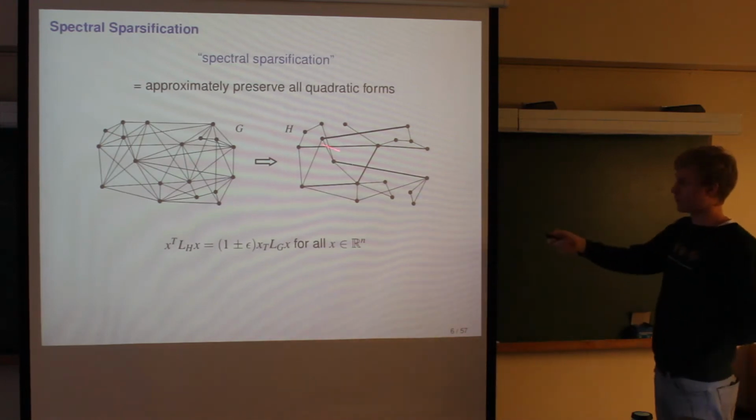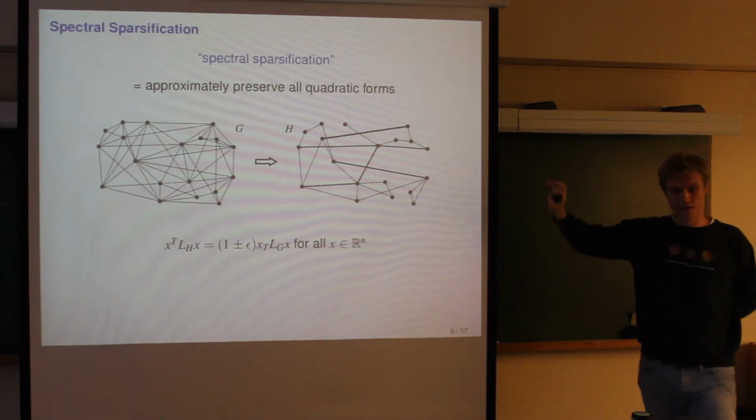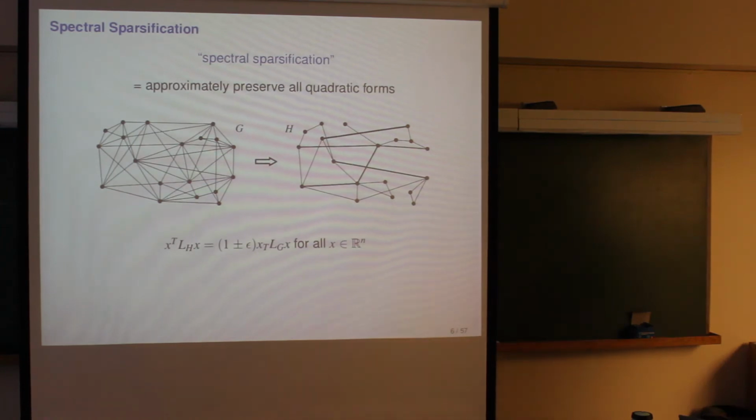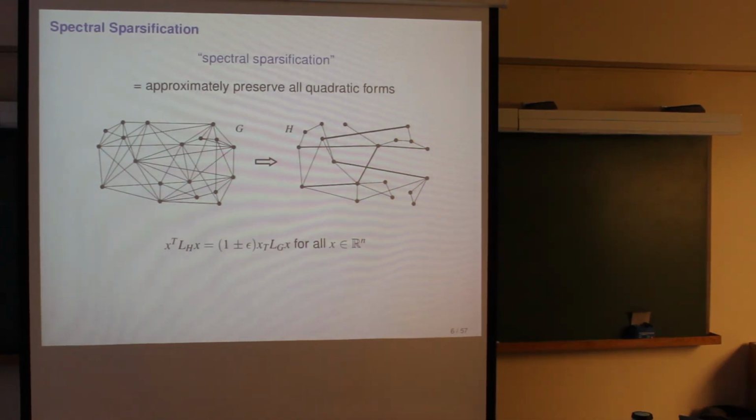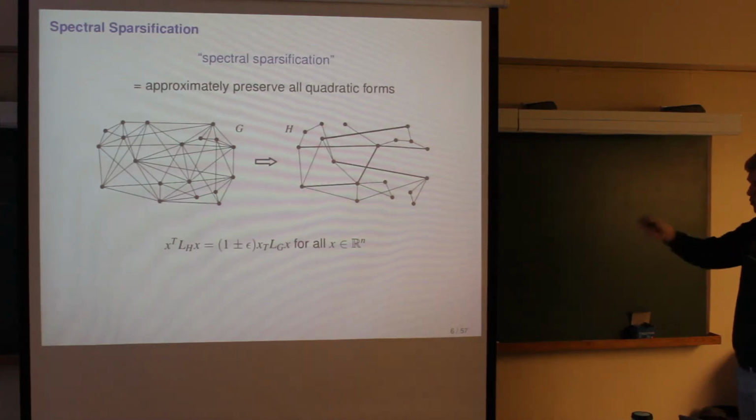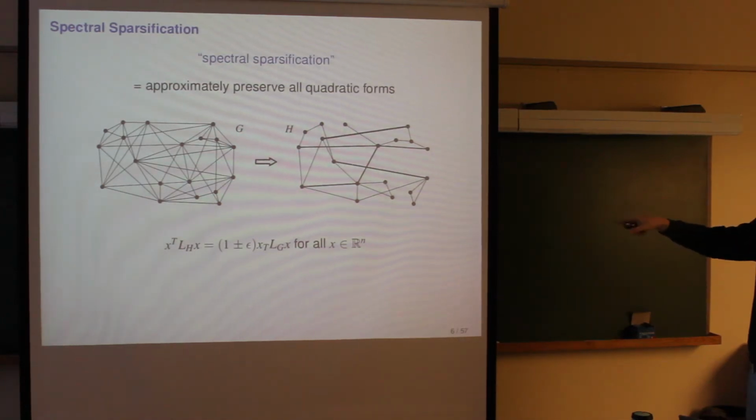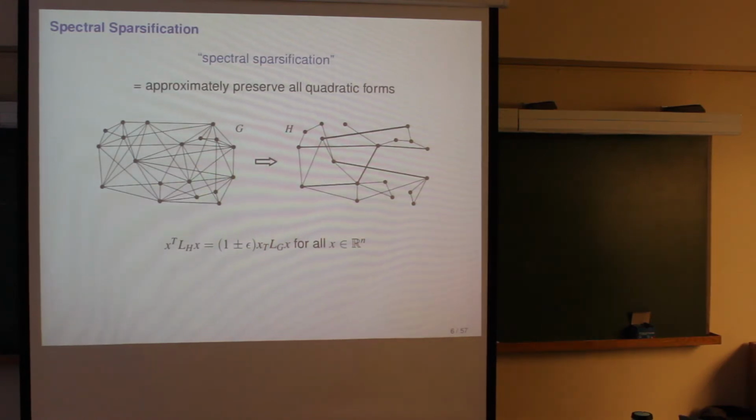So that means H has a Laplacian associated to it, and we want that the quadratic forms in the Laplacian of H epsilon-approximate, so that's an epsilon multiplicative error, the quadratic forms in the original G.